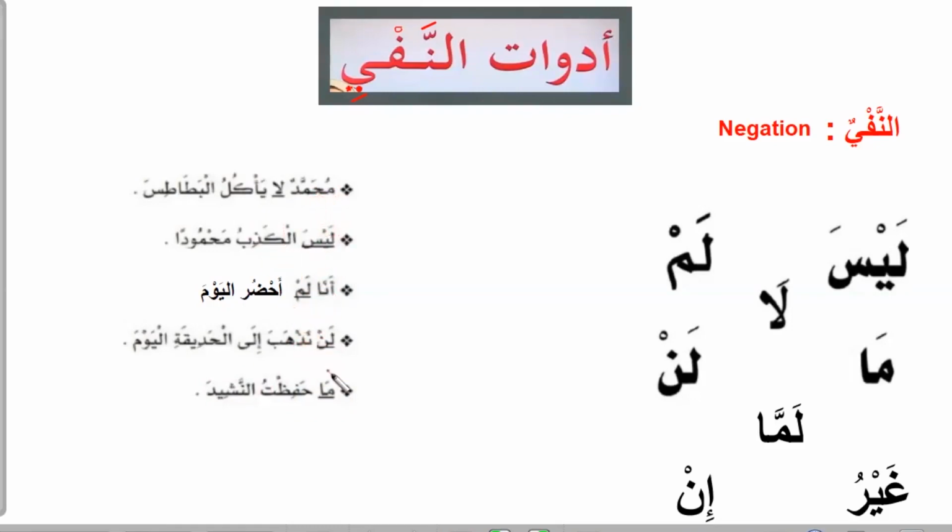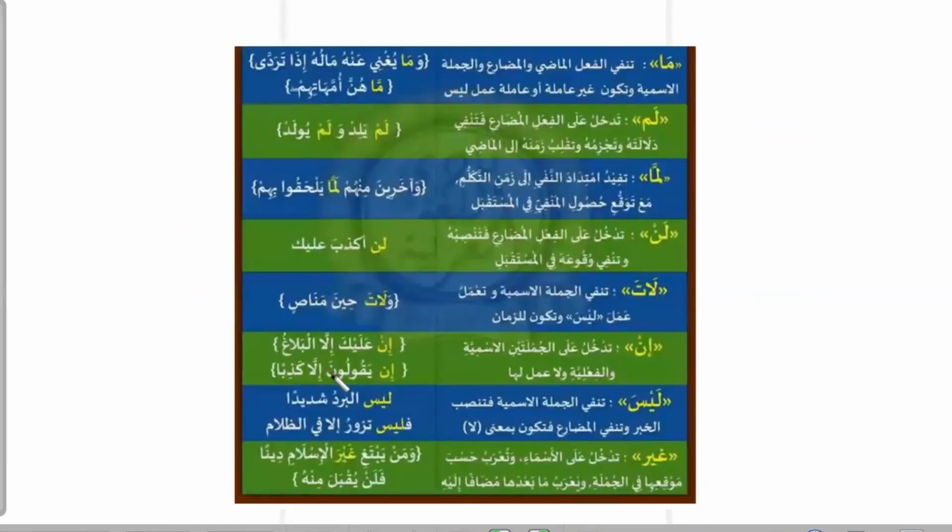So let's look at another example here. These ones are specifically from the Quran. Let's just look at a few of them. So we are looking at ma. I hope you can see ma. Okay.